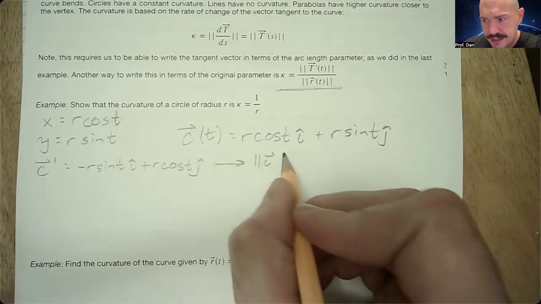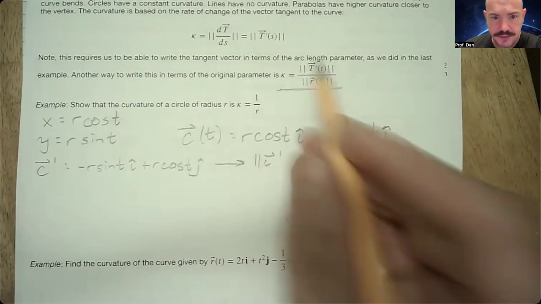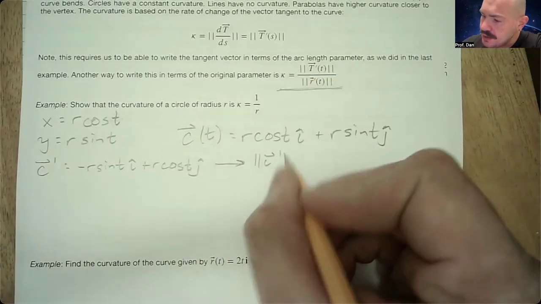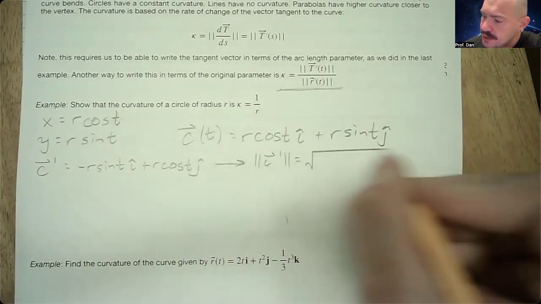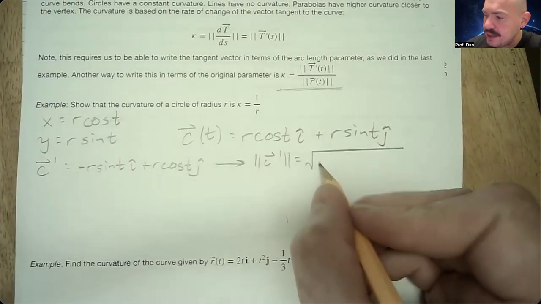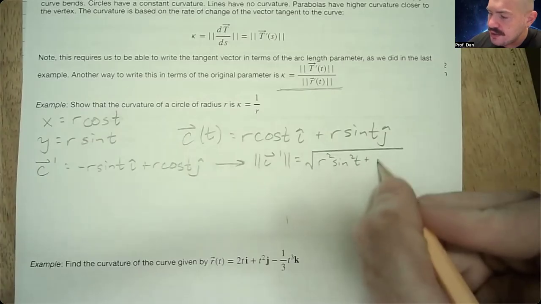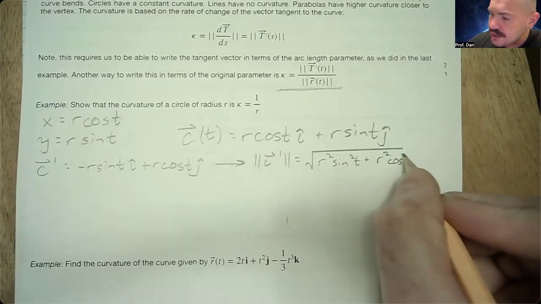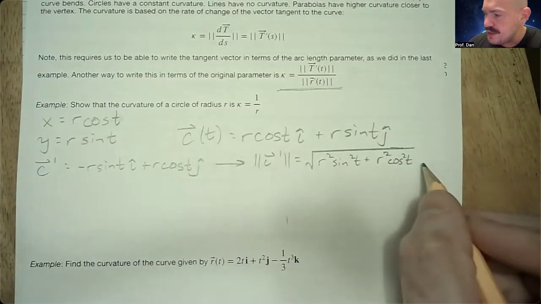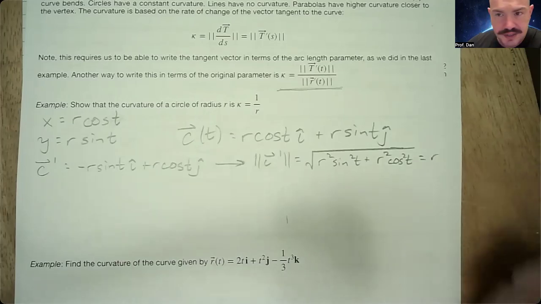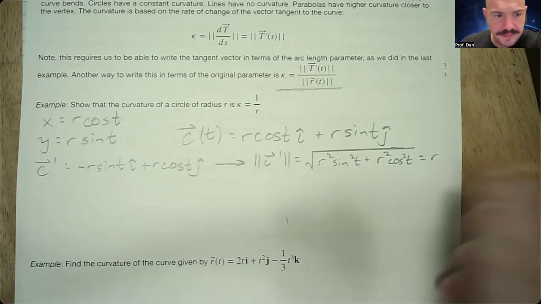We're going to need it anyway for that definition of curvature. So the magnitude of C prime is the square root of r squared sine squared t plus r squared cosine squared t. Using our little trick, this is going to end up giving us r.